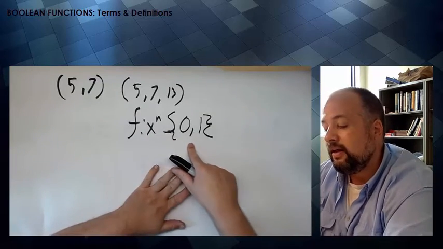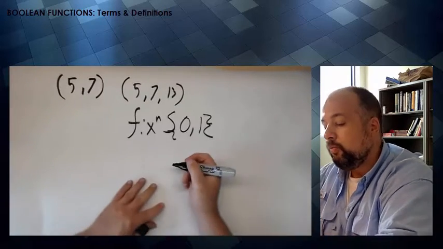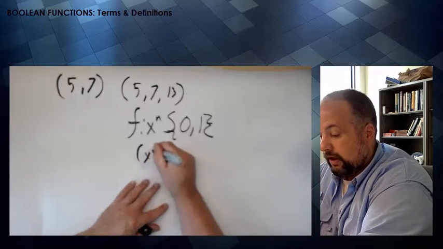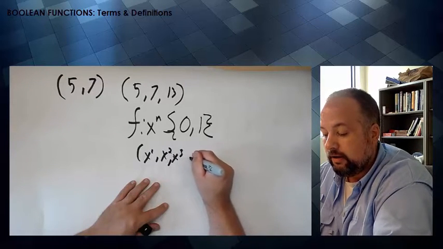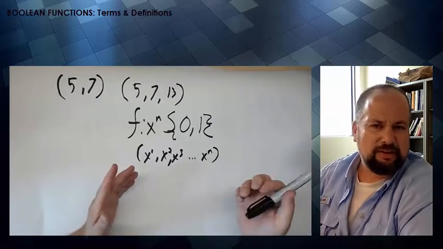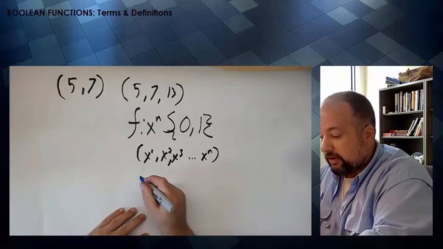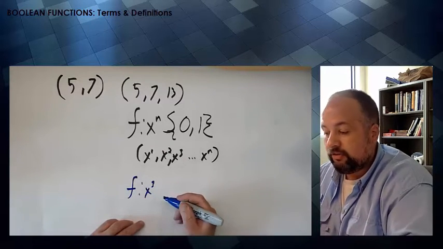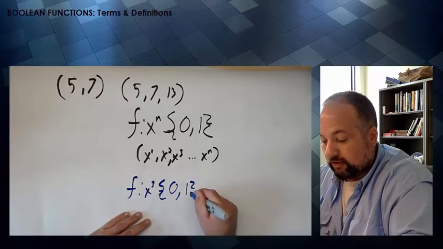So this is saying that there's some n-tuple from 0 to 1. And we would write that as x1, x2, x3, all the way down until you get to xn. To make this a little bit more concrete, if I was to give you a specific example and I wrote, say, f of x3, so we're going to do a 3-tuple, and then 0, 1 is our set.